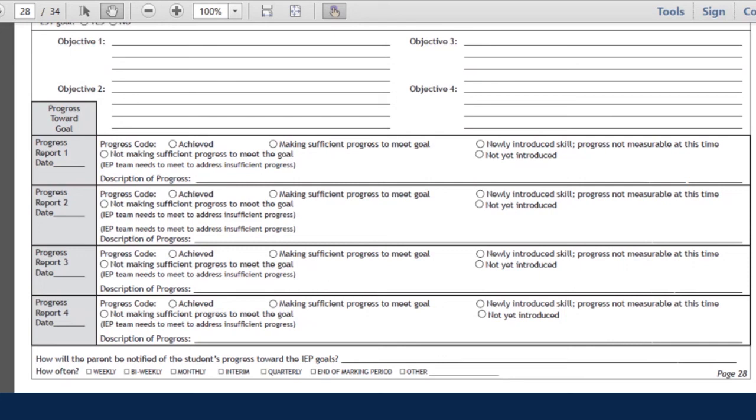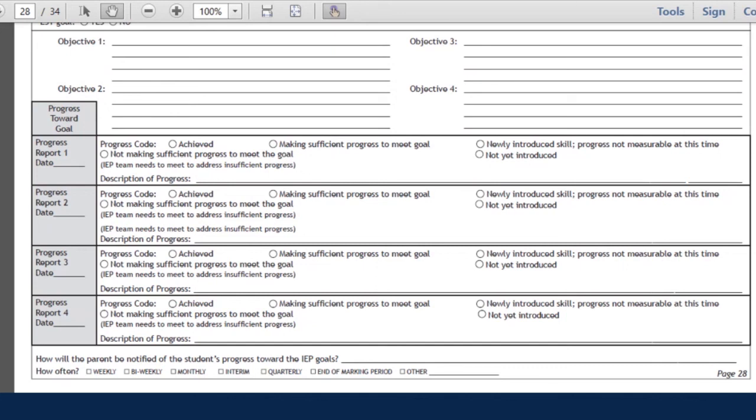Now, at the bottom of the goal, at the bottom of the page, it will say, how often is the parent notified? If you want more feedback than quarterly, you have the right to ask. You can ask for weekly, bi-weekly, monthly, interim. You can ask for as much as you need. You can ask for an email. You can ask for a daily checklist.